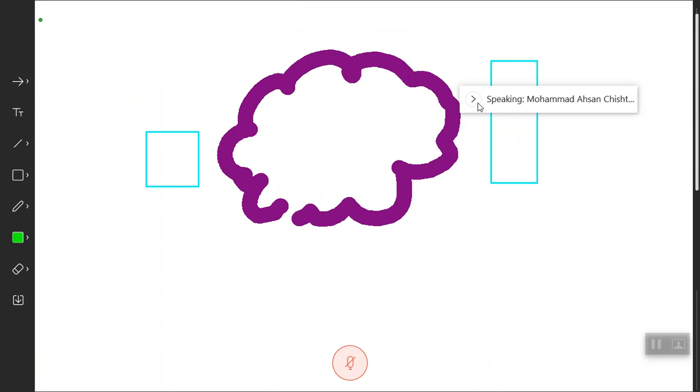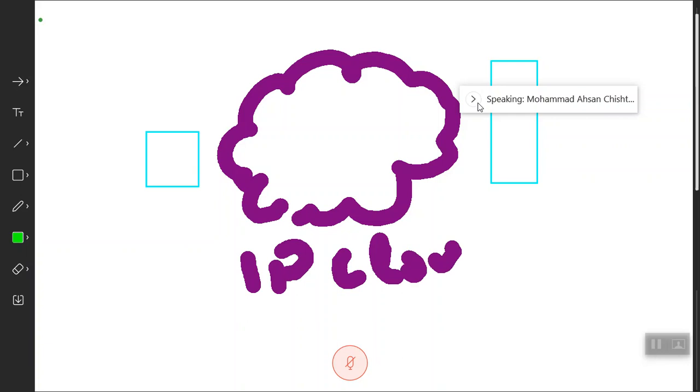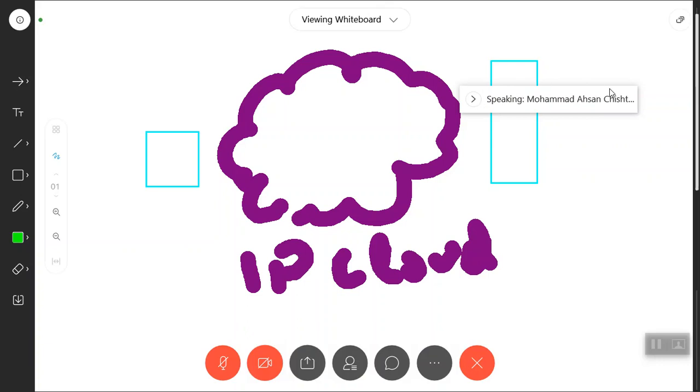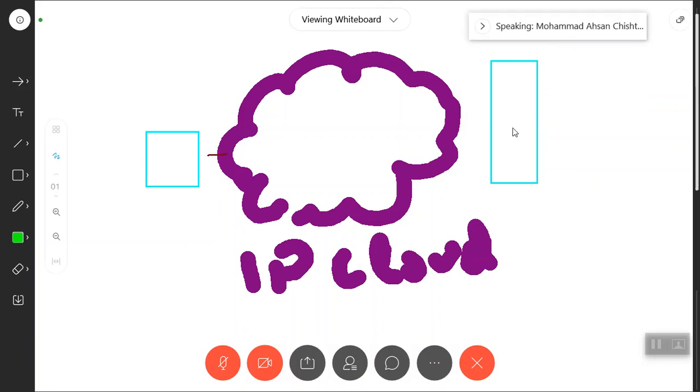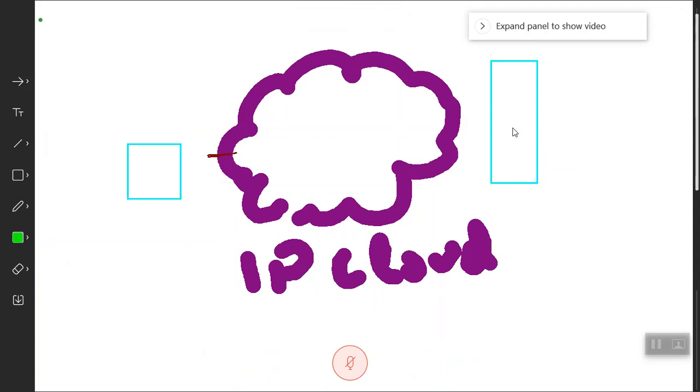This is a network cloud, or we also call it an IP cloud. On one end, you are connected to it here, and on the other end here. Now, what is a client-server architecture?